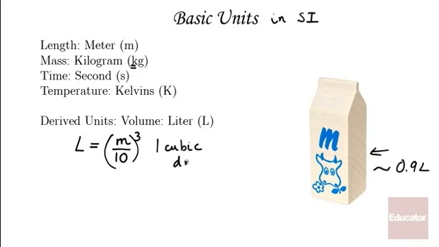We'll look at the prefixes that are in common use in SI, but d is a prefix that means 1/10. Now it turns out that 1 liter is also exactly the same as 1,000 cubic centimeters. The relationship is such that a liter is 1,000 cubic centimeters.